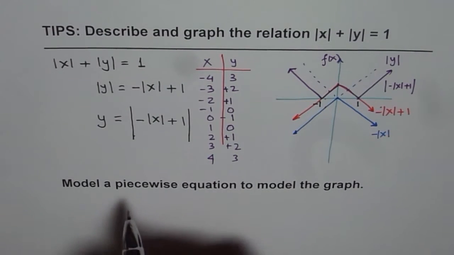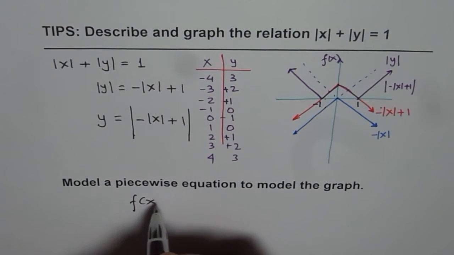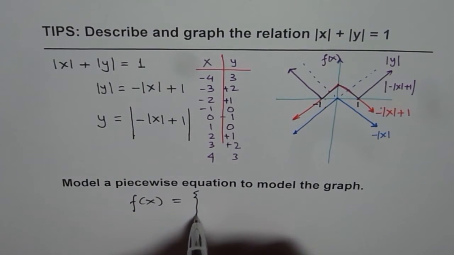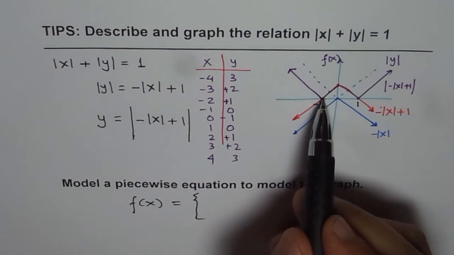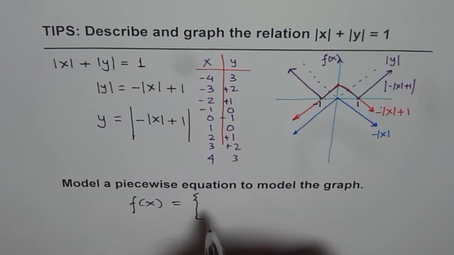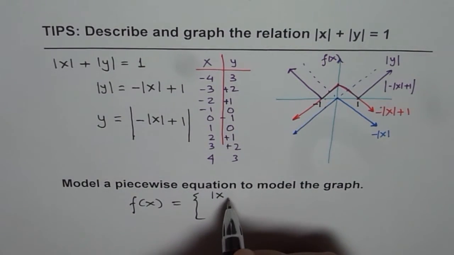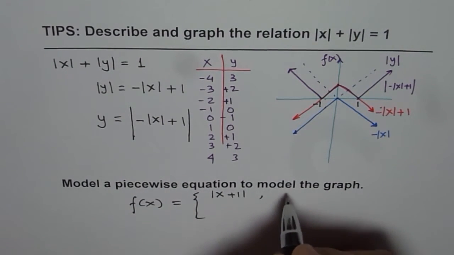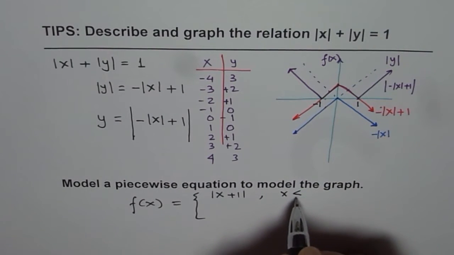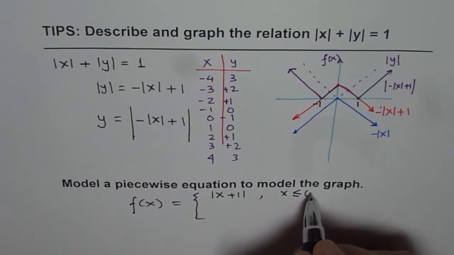We could write this as a piecewise function, f of x equals two pieces. This one is moved left, so it is absolute value of x plus 1 if x is less than or equal to 0.